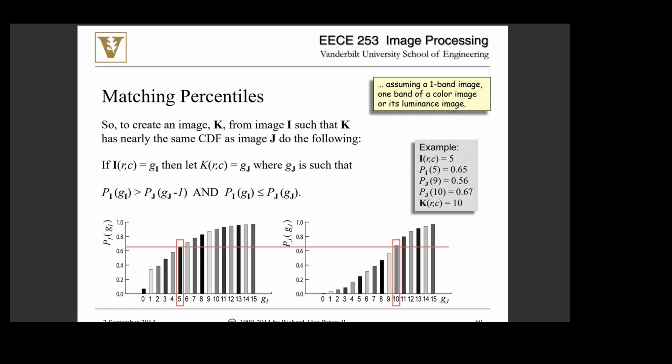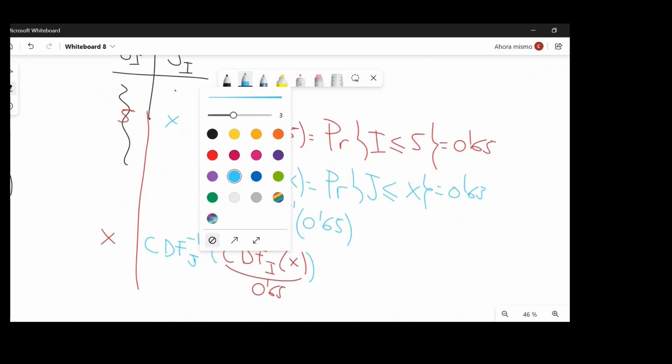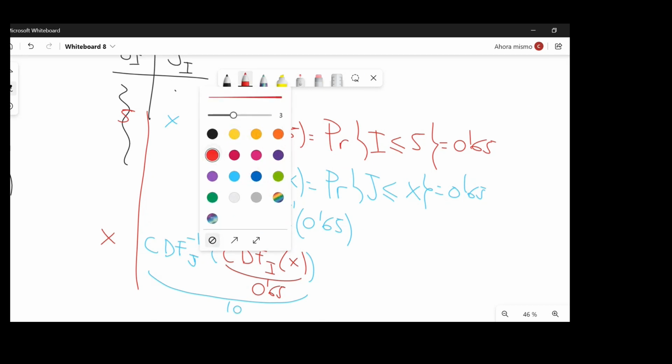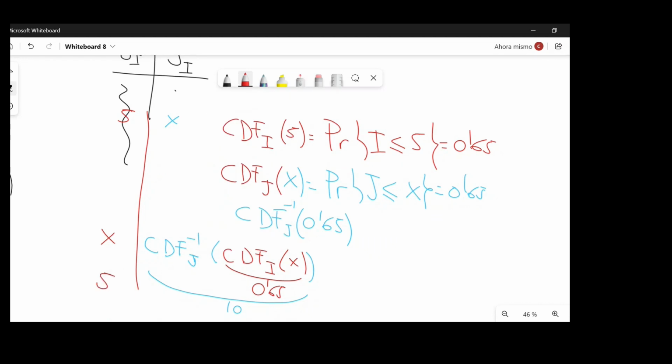So 0.65 is between 0.60 and 0.67. So I will take 10. You will never find the same value, but the idea is you try to find the best matching value. So you will substitute 5 by 10, and you do the same for the rest.